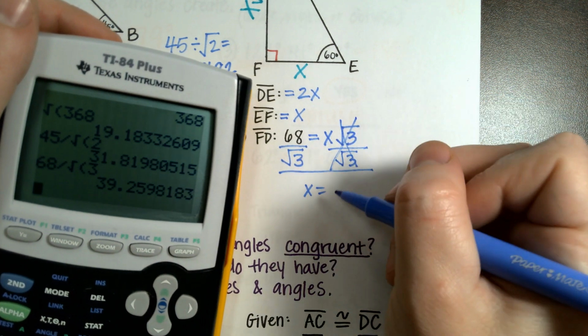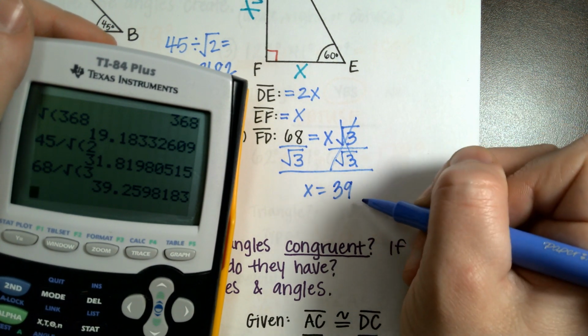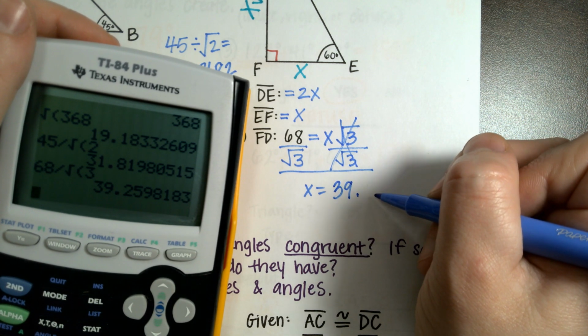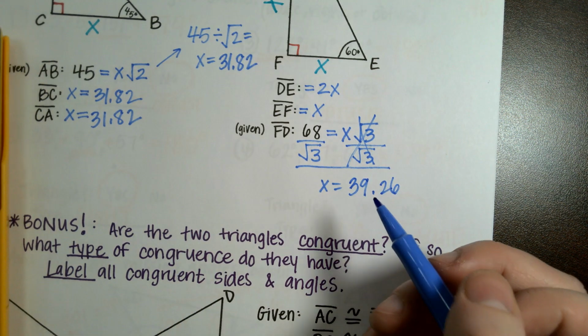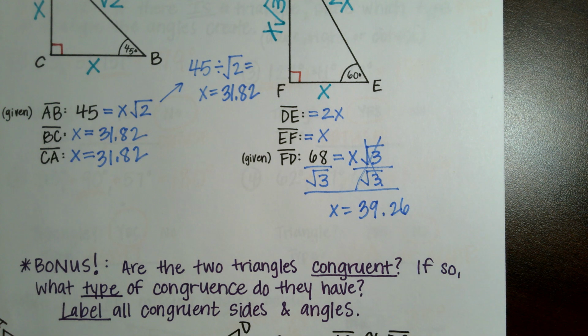Good. So x equals 39.26. Yes, 39.26. Perfect. So how can we use the value we found for x to find the other side lengths?